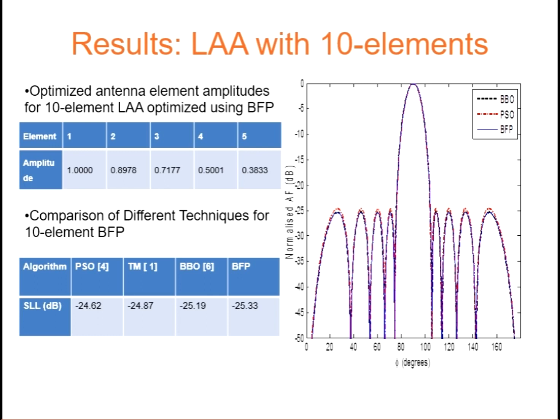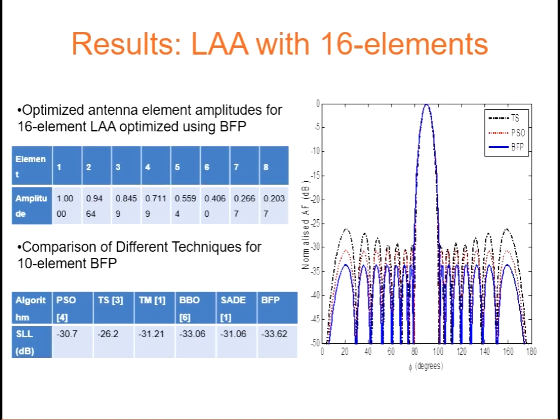But when we see the results of PSO, TM and BBO in the comparison table of different techniques for 10 elements, we see that the side lobe level of the BFP is minus 25.33, which is much better as compared to PSO, TM and BBO. PSO stands for particle swarm optimization, TM is the Taguchi method, and BBO is biogeography based optimization. This is the result for 10 elements.